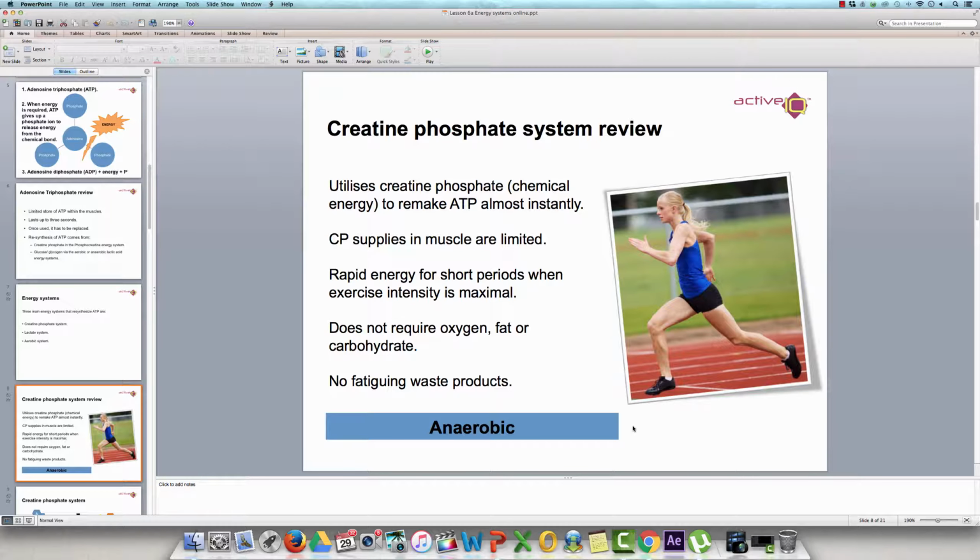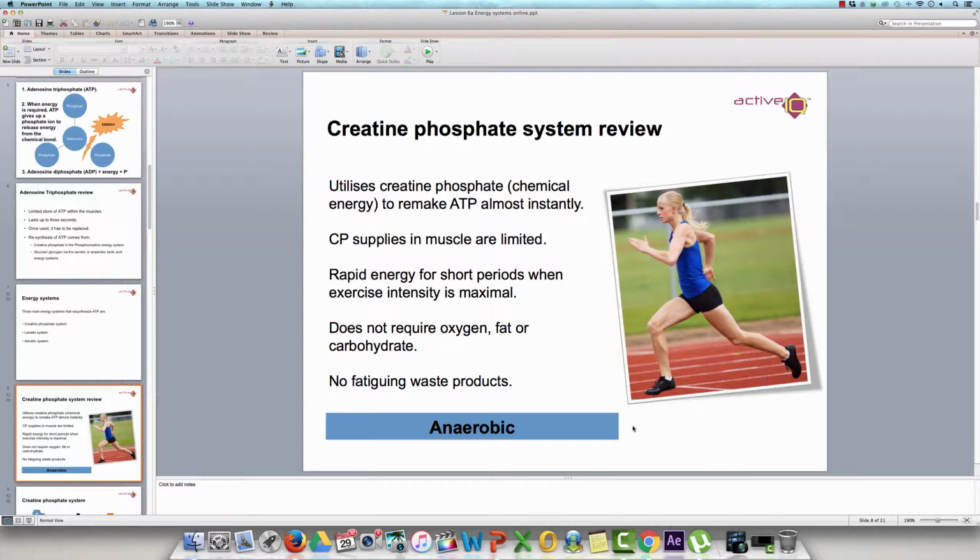However, creatine phosphate is in very, very limited supply. We can only use it for a short amount of time, and once that time's gone, it's gone. We're maybe looking at 2, 3, 4, maybe 5 seconds. That's all we've got in the creatine phosphate system, and it's for real quick, real explosive efforts. After that, it's gone.